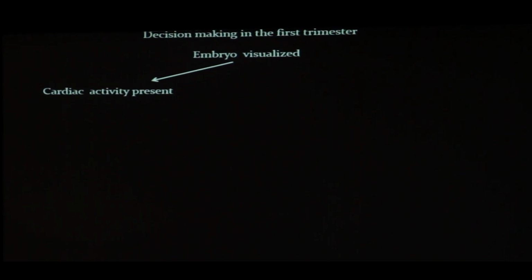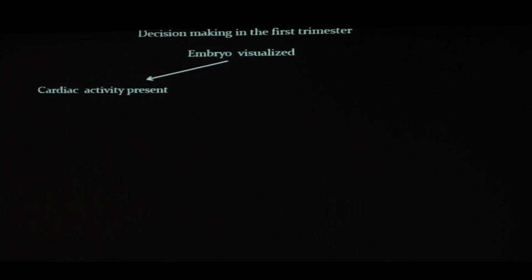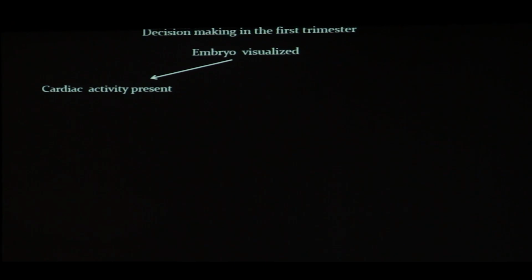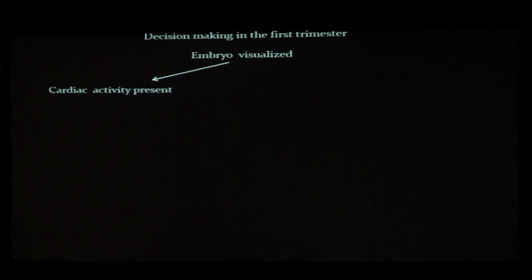So now, how to make decisions in early pregnancy. First of all, I have to see whether the embryo is there or not. So please try to draw this graph. Now first, if I have seen an embryo, the first question to ask is whether cardiac activity is there or not.